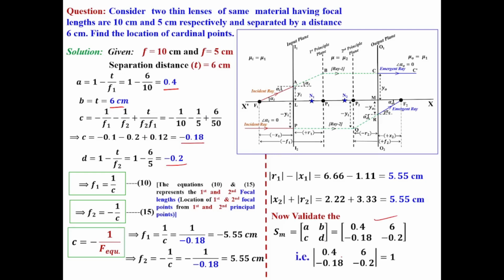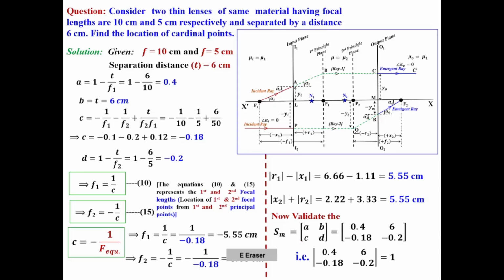This is minus 0.4 minus 0.2 minus 0.08, and here 6 into 0.18. This is minus, so this will be plus 1.08, and we find the value is 1. The determinant will be 1. So here also we validated the system matrix.